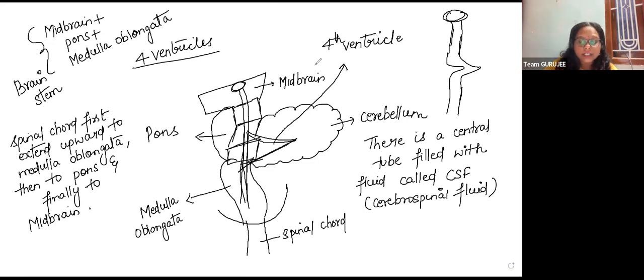There is a very important question which has come many times in entrance examinations: where is the fourth ventricle of the brain situated? You have to give the answer that the fourth ventricle is in pons and medulla oblongata. If they have given only the option pons, please tick that. If they have given only the option medulla oblongata, please tick that.